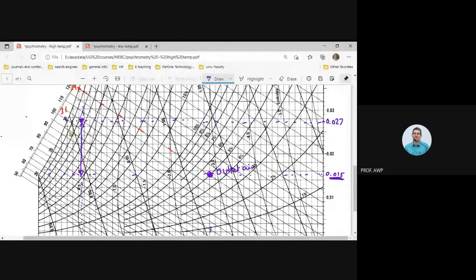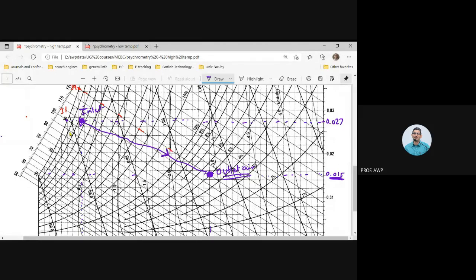We need to remove the water vapor in order to make it go from here to here, right? This is the path that we want to go. This is our inlet and this is our outlet, isn't it? Do you agree that this is where we want to go? This is our source, this is our destination.